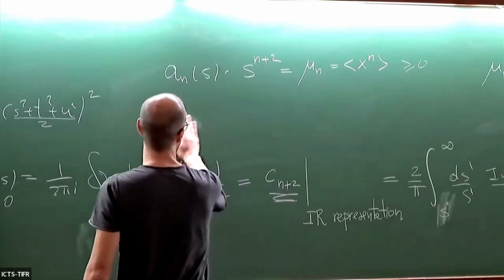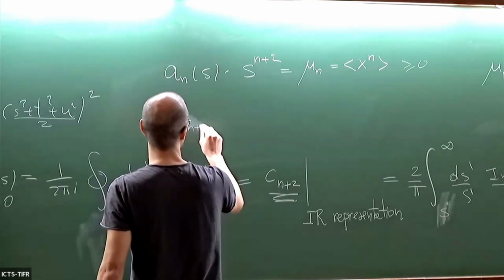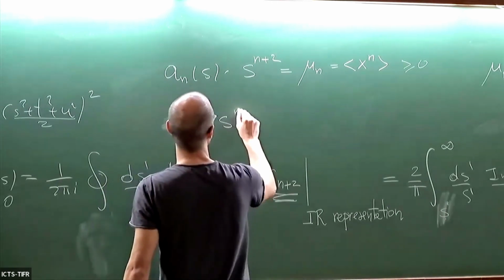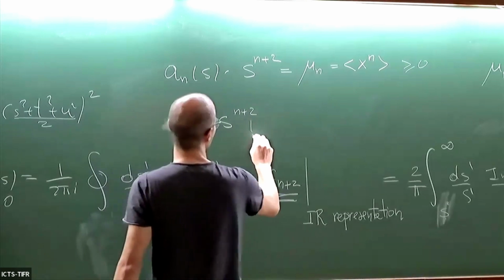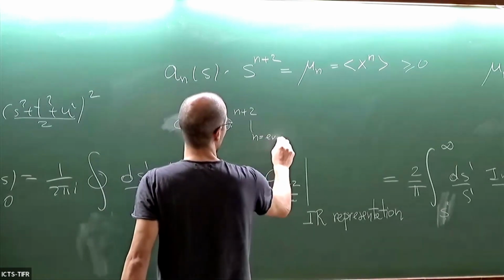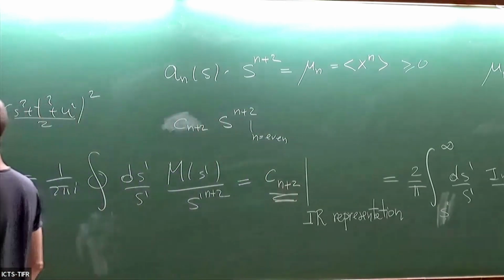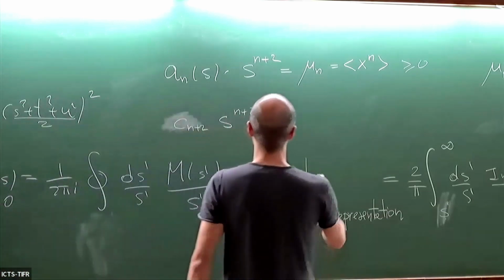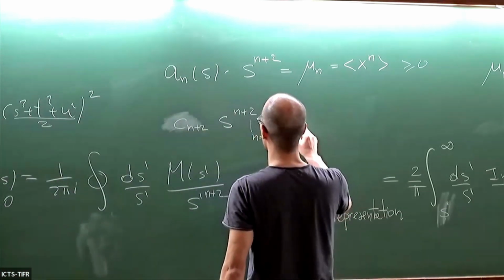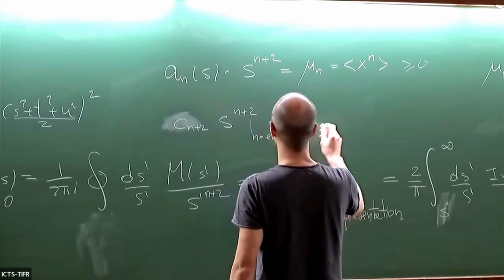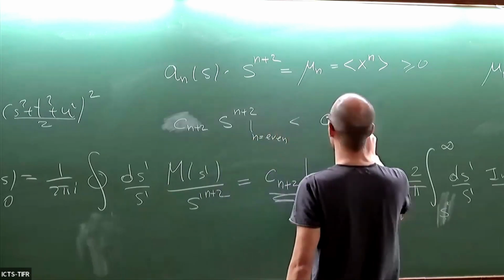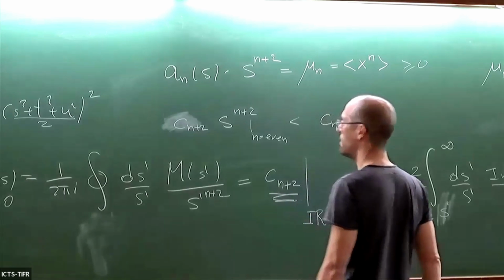We are basically saying that C n plus 2 times s to the n plus 2, for n even, which are the ones we are discussing, is monotonically decreasing. So this one is going to be smaller than Cn s to the n.